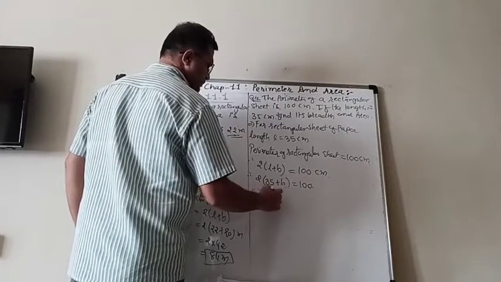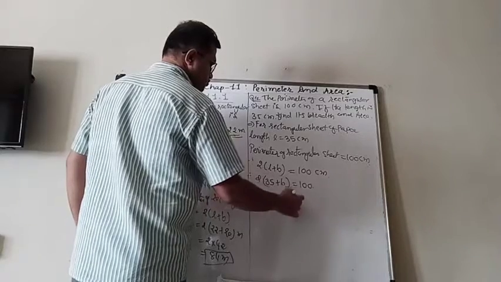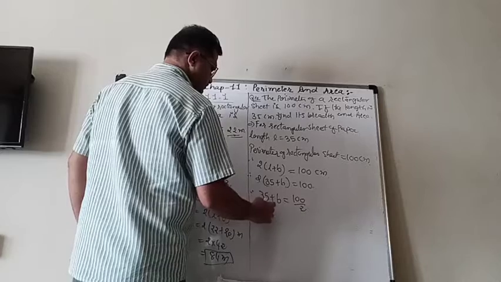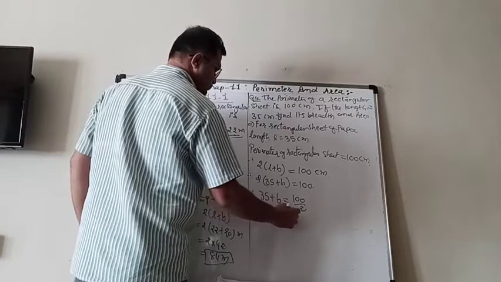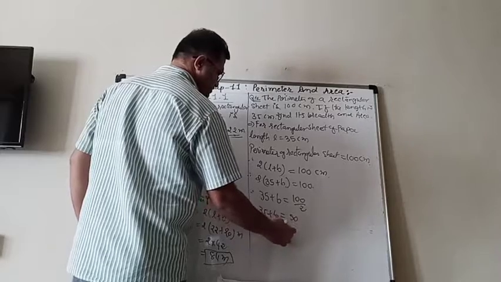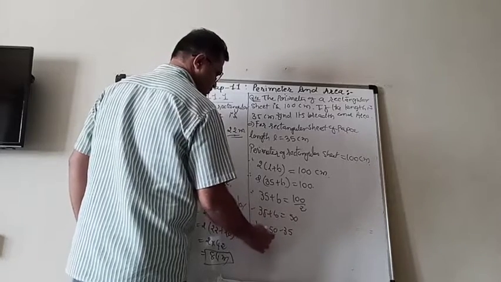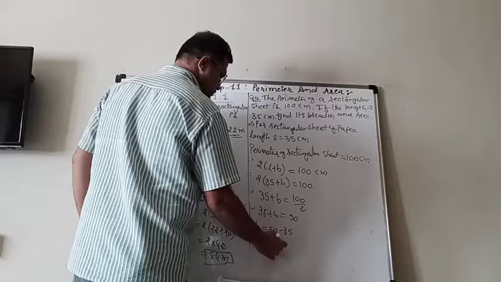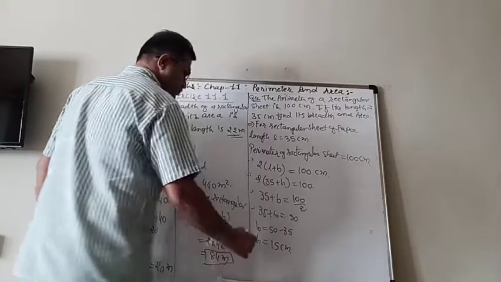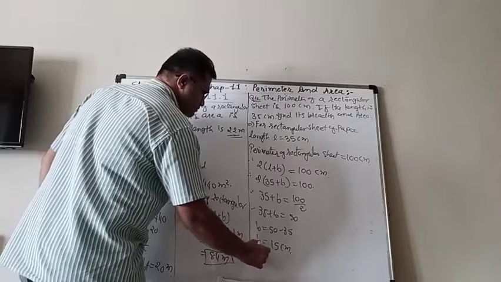So 35 plus b, divided by 2, is 50. So 35 plus b is equal to 50. So b is equal to 50 minus 35, so 15 centimeter. So breadth we got.